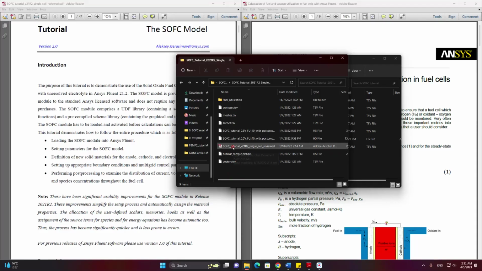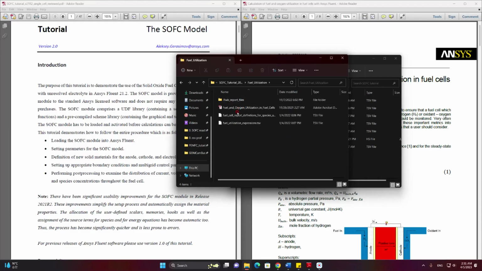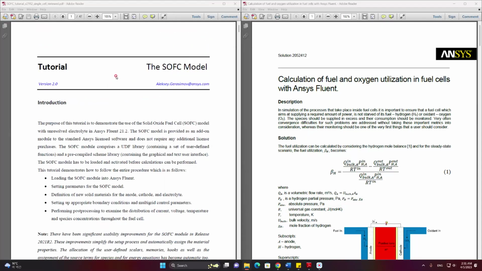It has the PDF manual which you have opened and different contours, meshes, and especially the mesh. And for fuel utilization, there is another manual and the report definitions and the fuel utilization expressions. These two are the manuals that are provided by Ansys. So the first is the tutorial manual itself, and the second is for calculating fuel and oxygen utilization.